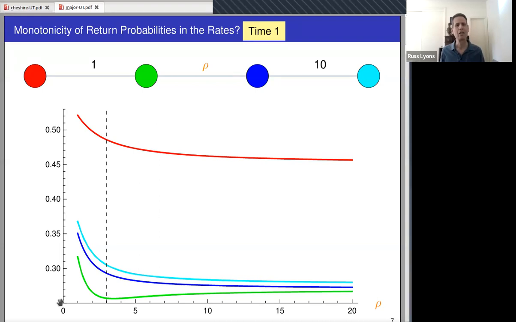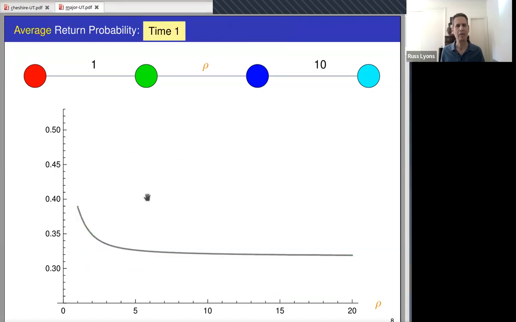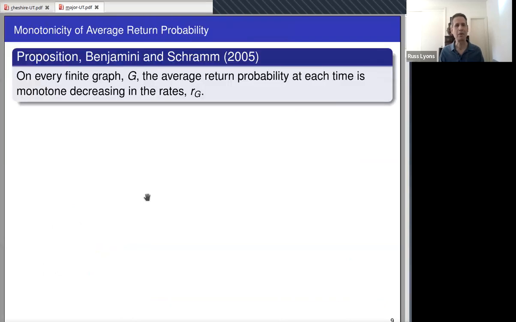However, suppose that I look at the average of these 4 return probabilities at time 1. Well, that looks monotonic decreasing. And it is. Is this just a coincidence, or is this some general property? Turns out it's a general property.